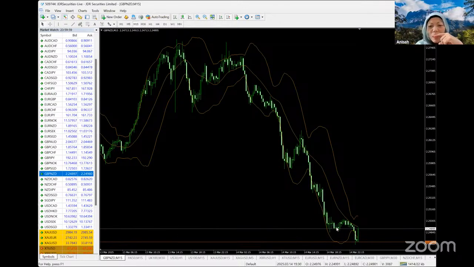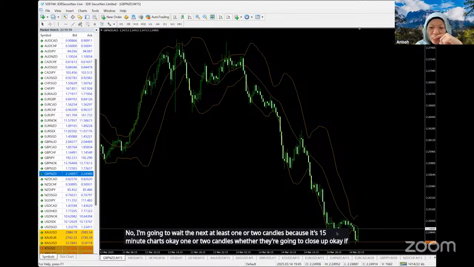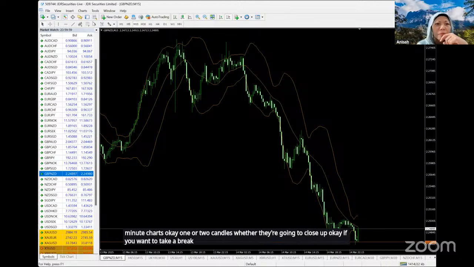I'm going to wait the next at least one or two candles because it's a 15-minute chart, whether they're going to close up, if you want to take a breakout.